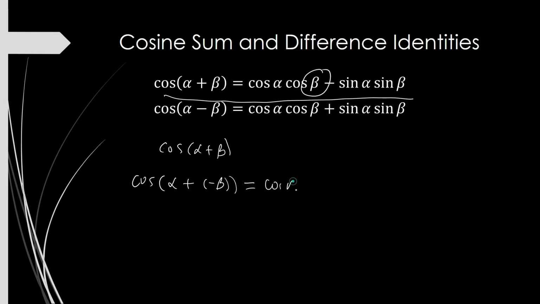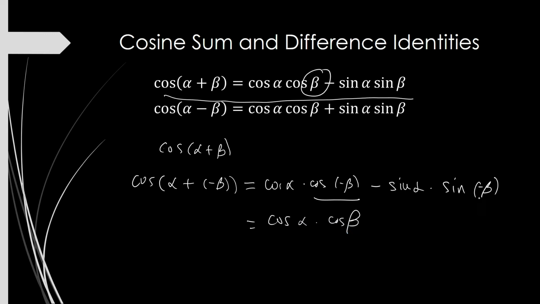So cosine of alpha times cosine of negative beta minus sine of alpha times sine of negative beta. Okay? Now, this one is an even function, and we have an even identity for that. So that becomes cosine of beta. And then this one is an odd function. Sine of negative beta is negative sine of beta. Okay? Negative sine of beta.